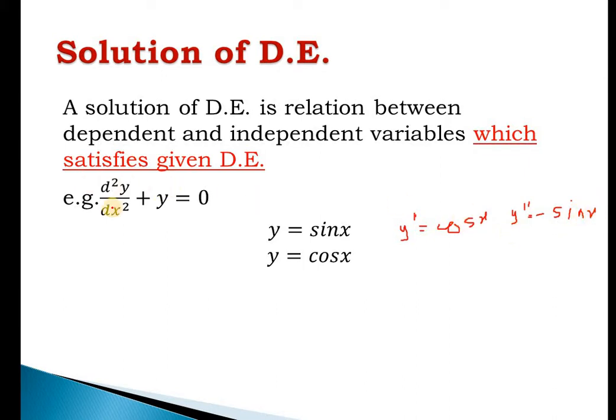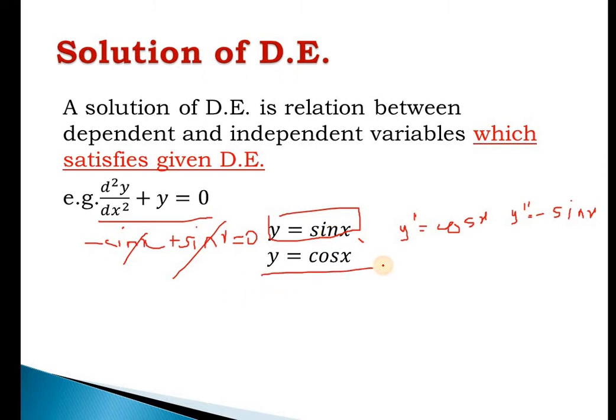So when I substitute, d2y by dx square means minus sin x, minus sin x plus y, which is sin x. So minus sin x plus sin x get cancelled and the resultant value is 0. So this relation y is equal to sin x satisfies the given differential equation. Therefore, it is the solution of the differential equation.